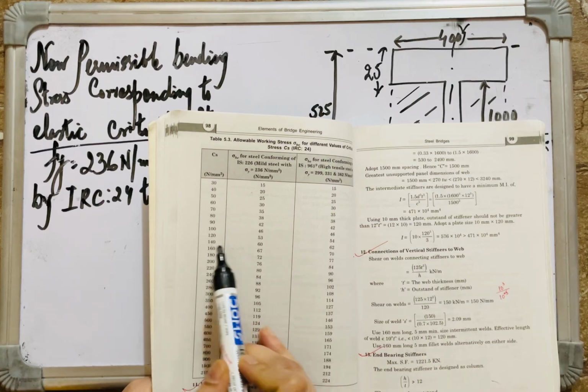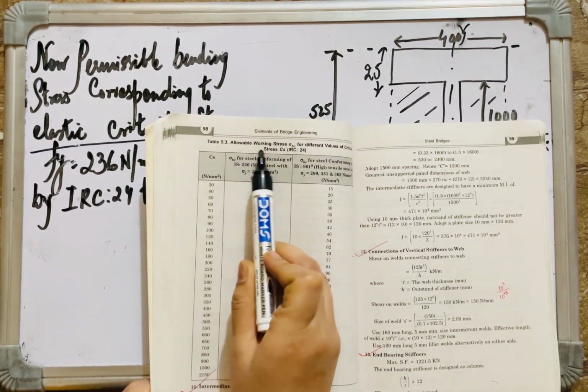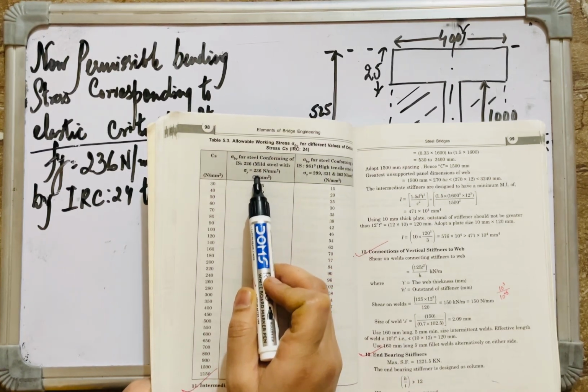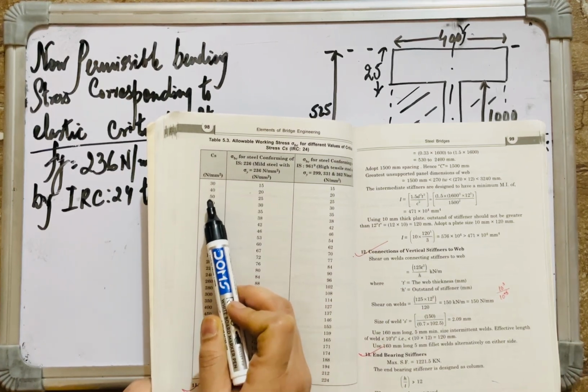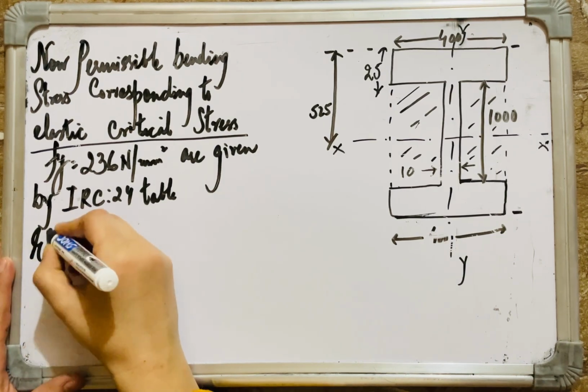Then only I'll see from the table my permissible bending stress. The first and foremost step is to calculate the elastic critical stress for the I sections.